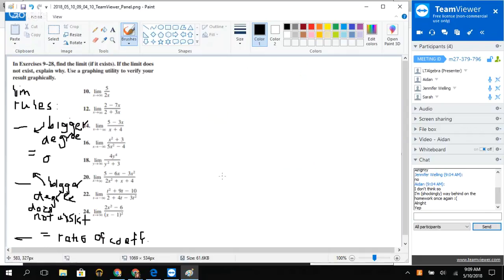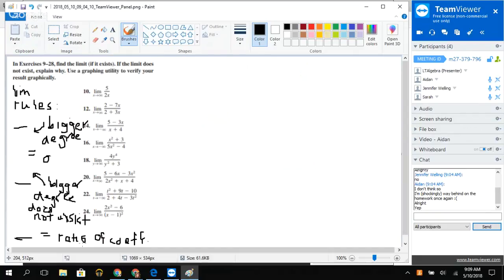If the degree of the numerator is bigger than the denominator, then the limit does not exist. And if they're equal, then it's actually just going to be a ratio of the coefficients of the degree of the function.